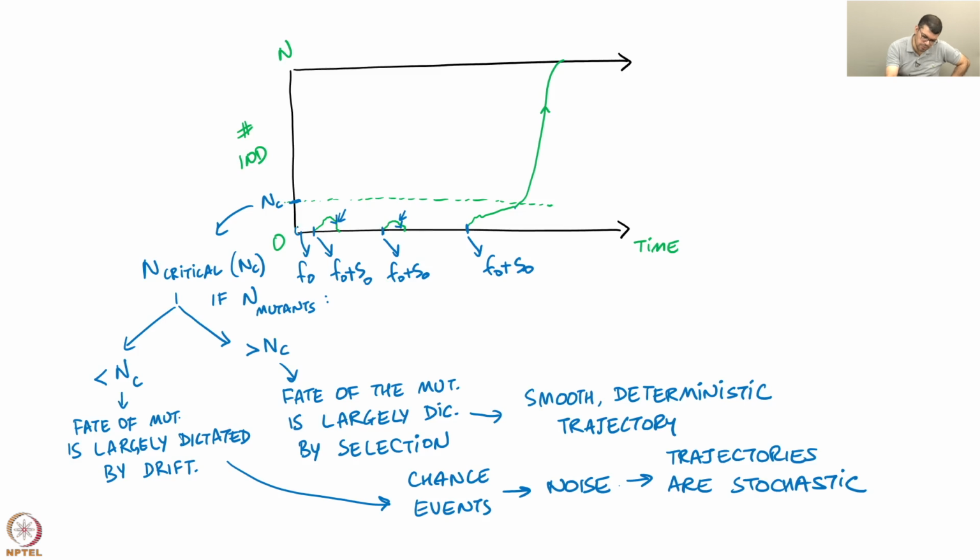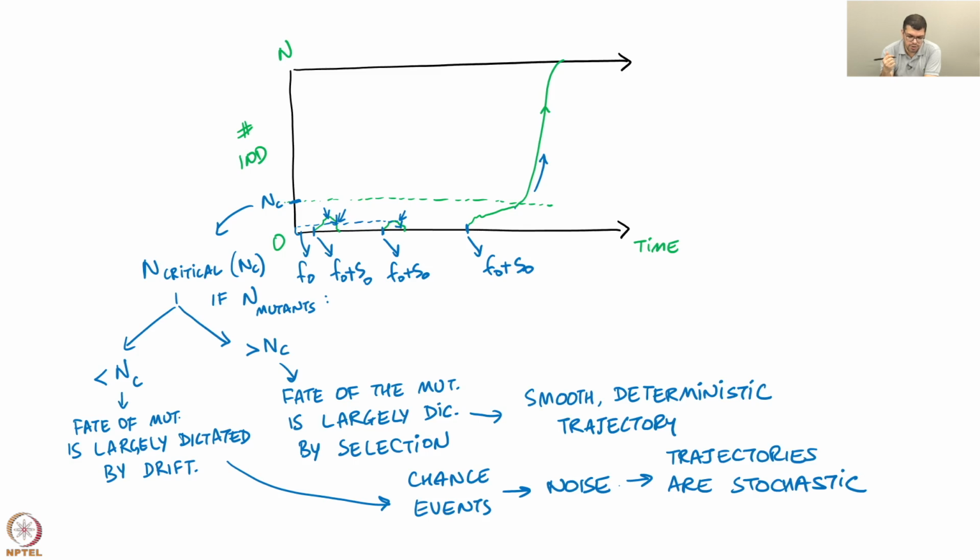This one never went up to very high numbers, it went extinct the fastest. This one was able to increase the numbers a little bit more, and this one was able to escape the action of drift and go to selection. So, despite conferring the exact same benefit, these mutations have different adaptive trajectories, and that is because of the stochastic nature of how drift treats these mutations.